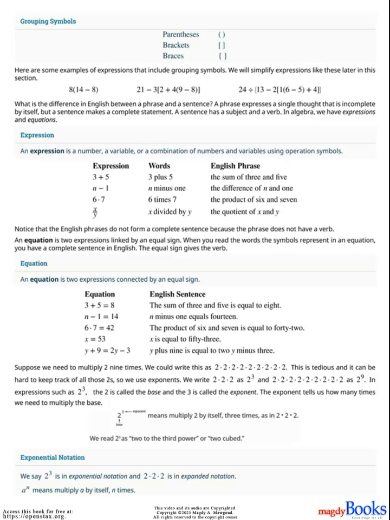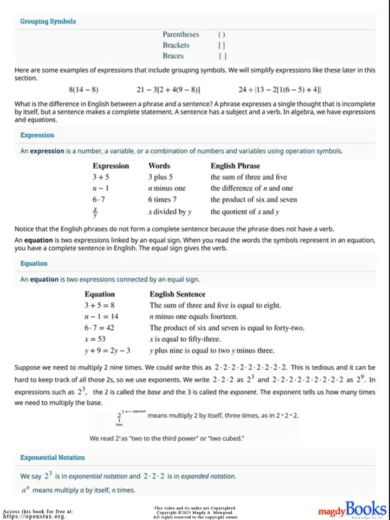Equation, English sentence. 3 plus 5 equals 8. The sum of 3 and 5 is equal to 8. N minus 1 equals 14. 6 times 7 equals 42.